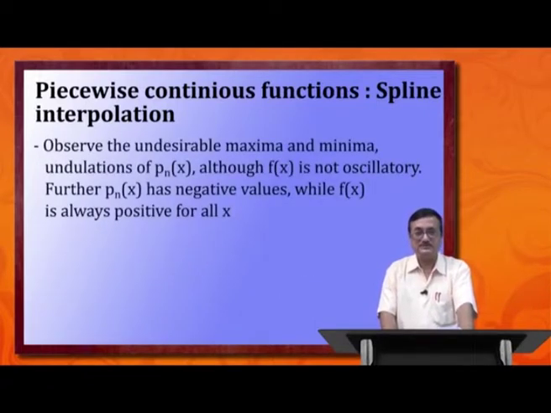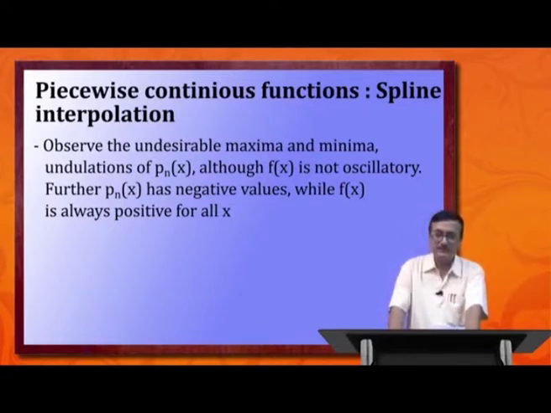You should observe that the interpolating curve has a number of undesirable ups and downs, maxima and minima, although the values are not very different from y = f(x) = 1/(1+x^2), but so far as the slopes are concerned, they differ a lot from the original one.